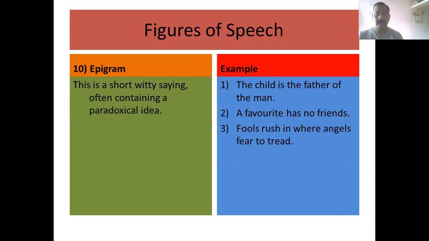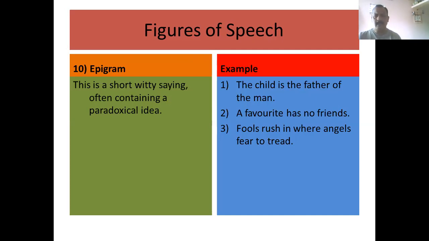Then the next example is "Fools rush in where angels fear to tread." Fools are running to the place where angels, meaning wise people, fear to put a step.